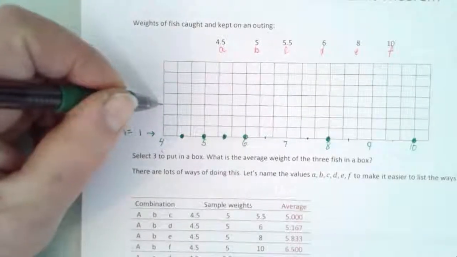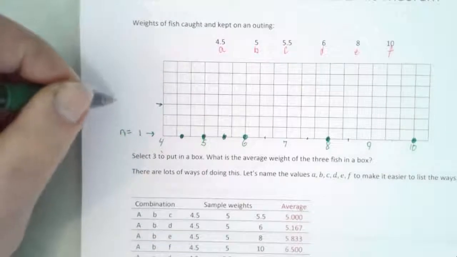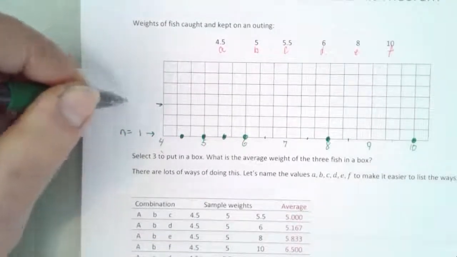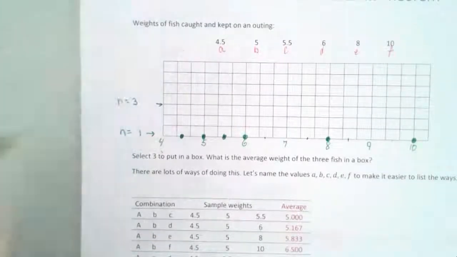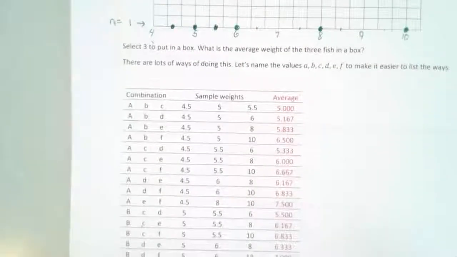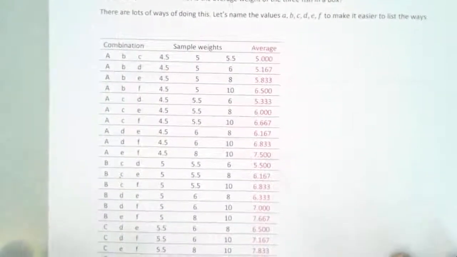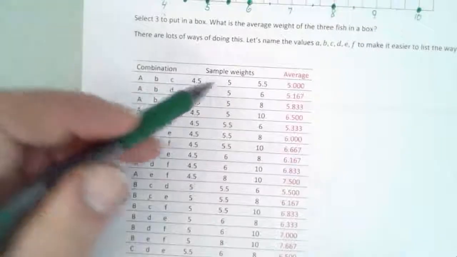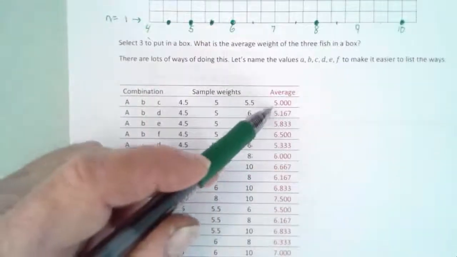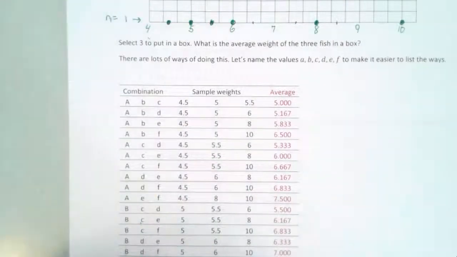So on this row right here, I'm going to do a dot plot for samples of size 3, but now I'm not going to plot these individual points. Those we already know what they are. They're right here. I'm going to plot these average weights along here, and we're just going to fill that in quickly.